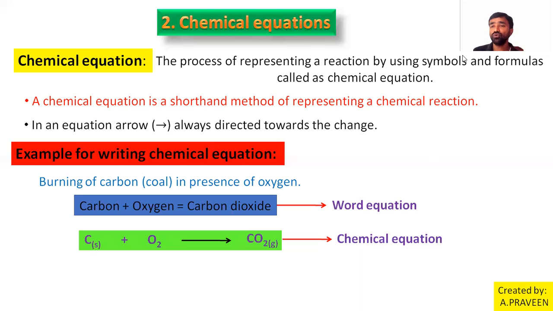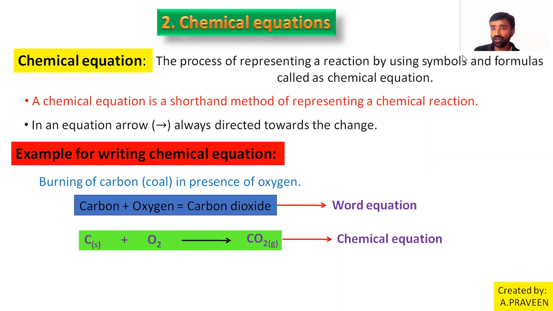Is it clear? Word equation is there, chemical equation is there. Don't call a word equation a chemical equation because we have not used any symbol or formula. No symbols or formulas are taken in them. Is it clear?